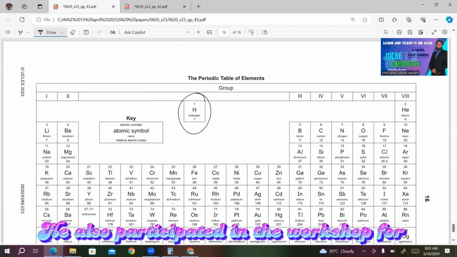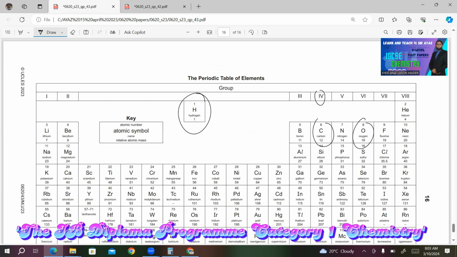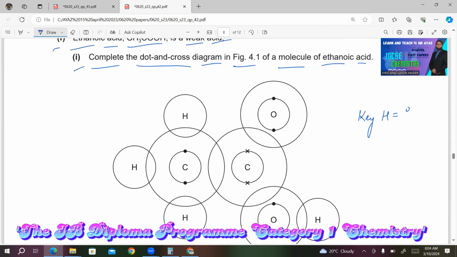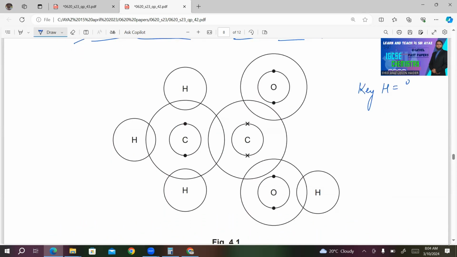What about carbon and oxygen? Carbon belongs to group 4. It has 4 valence electrons. Oxygen belongs to group 6. It has 6 valence electrons. So for hydrogen, we place 1 valence electron for each hydrogen atom: 1 for this hydrogen, 1 for this, 1 for this, 1 for this.